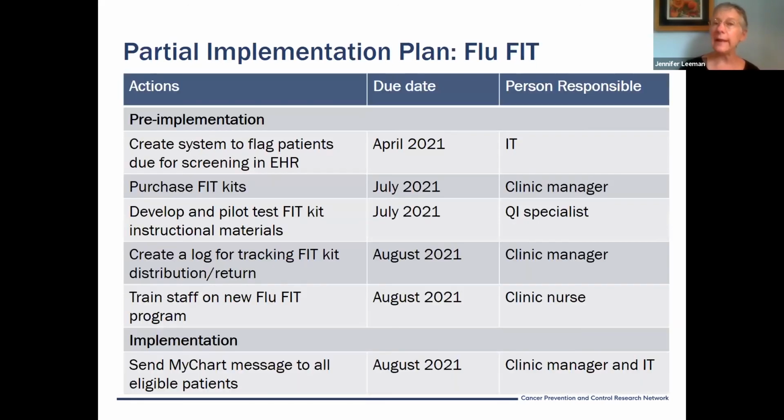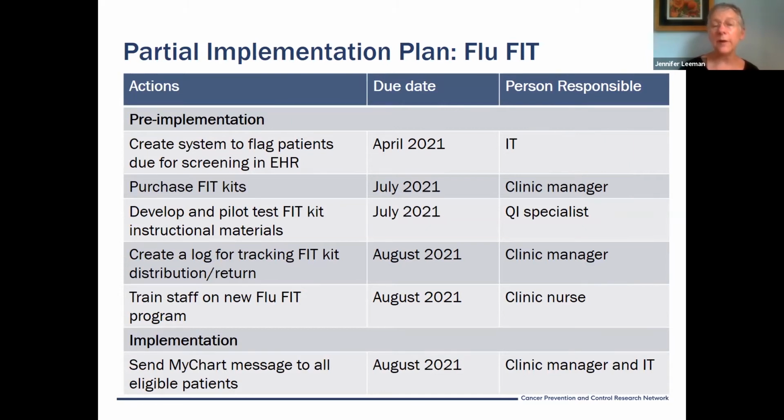And here's an example of part of a template for the implementation plan for FluFit. So you see actions are broken up by pre-implementation, and then implementation, and then sustainment would be an additional part of your implementation plan.